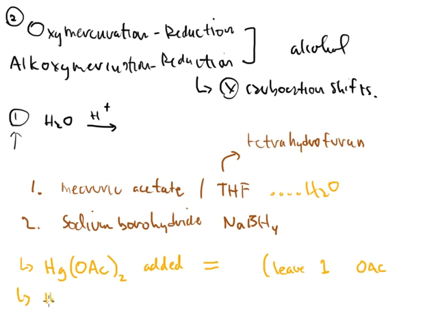And this water, the purpose of it is what it always does. It will provide an OH group. And this OH group is added to the other carbon, which is a carbocation, or it will turn into a momentarily carbocation when that cyclic structure breaks.